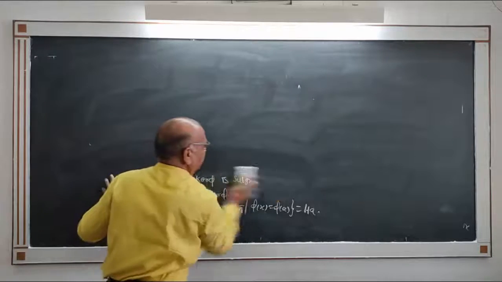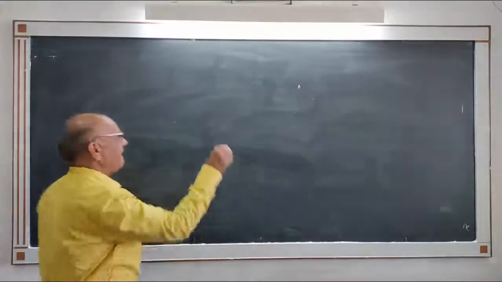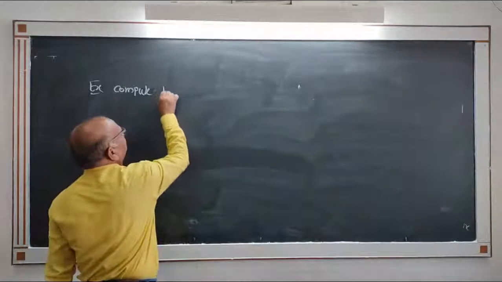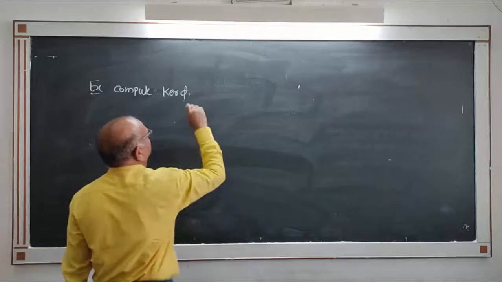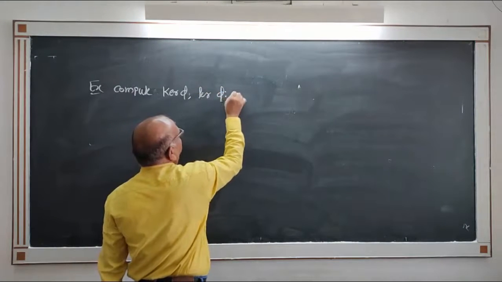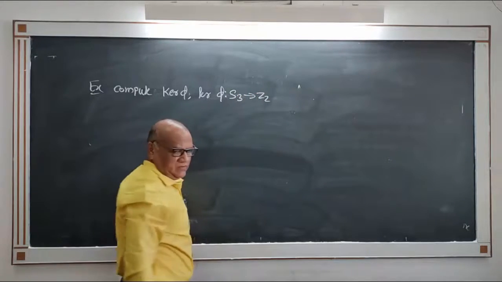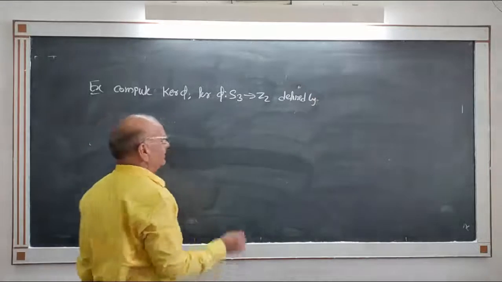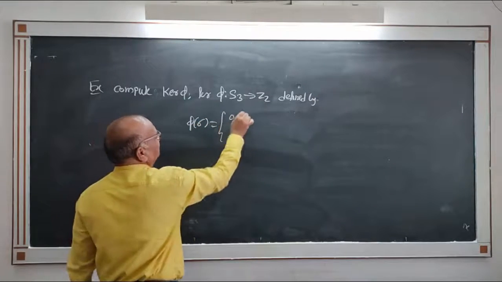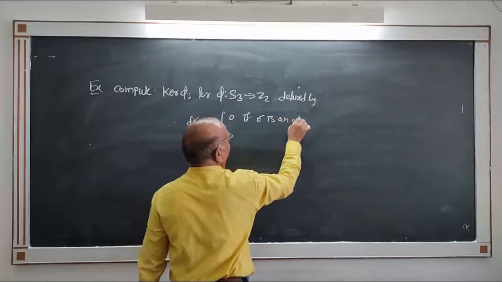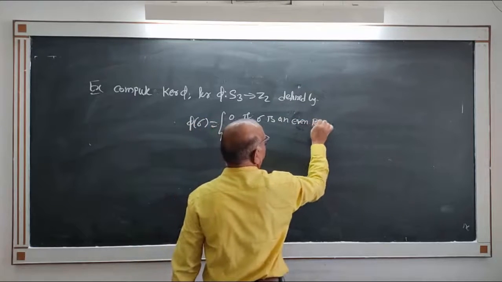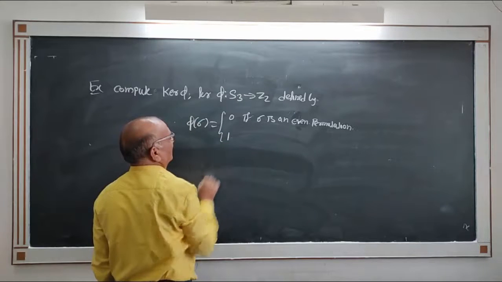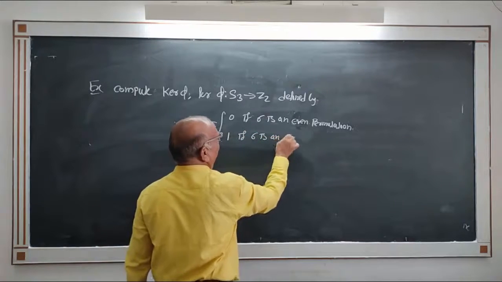Now, example here. Compute kernel phi. Phi is a mapping from S3 to Z2 defined by phi of sigma is equal to 0 if sigma is an even permutation, and 1 if sigma is an odd permutation.